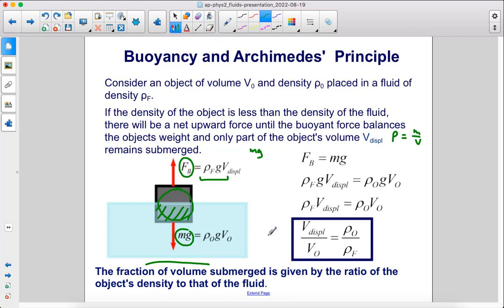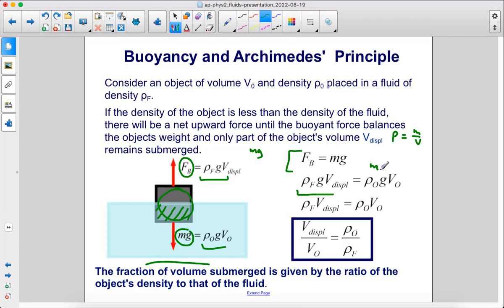The fraction of the volume submerged is given by this ratio of the object's density to the fluid's density. So here we have the buoyant force is equal to the weight of the displaced fluid. We have this equation here for the weight of the displaced fluid. We have this equation here for the density of the object times the volume of the object.